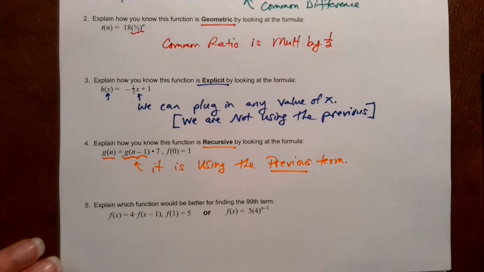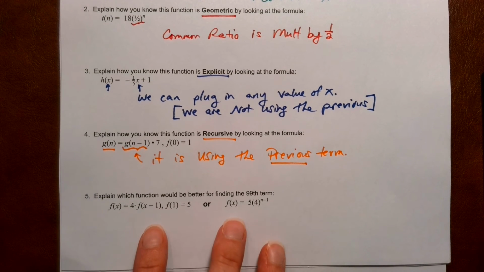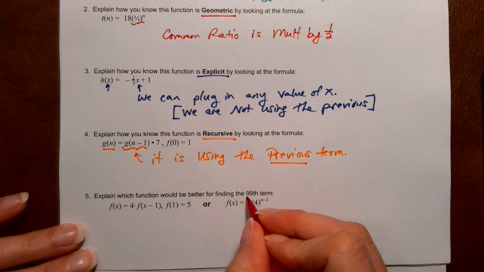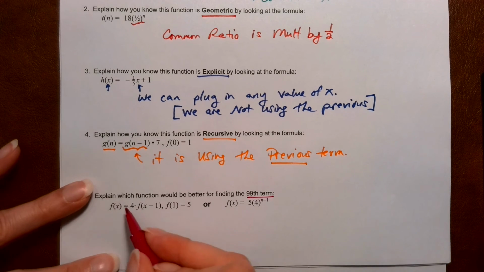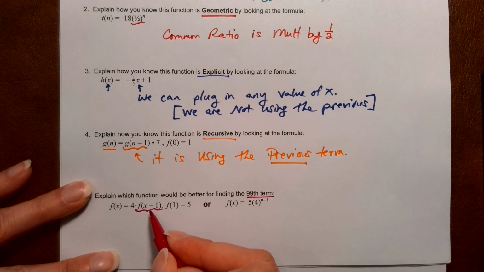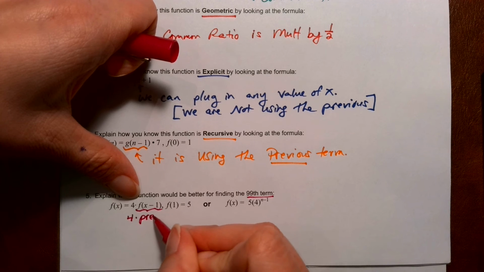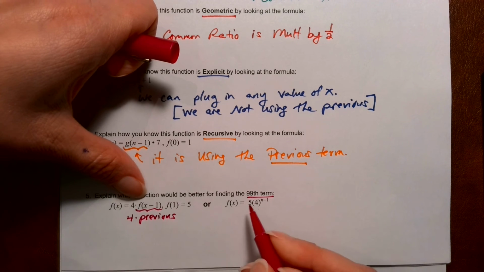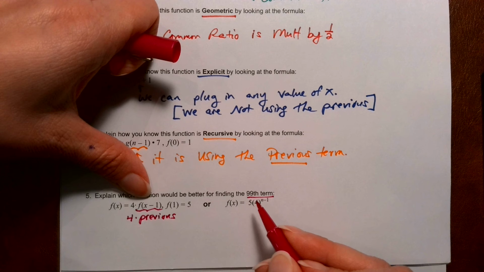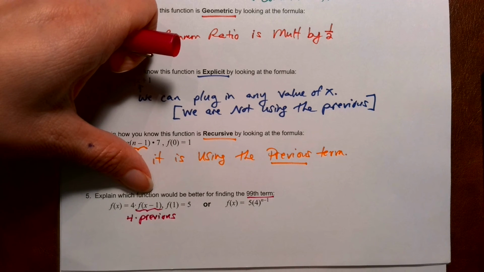Which function here do you think would be better for finding the 99th term? I'm noticing right here, this function is recursive. So what this function says is take 4 times the previous. So for me to find the 99th term, all I would do is take 4 times the 98th term. But I don't know the 98th term.